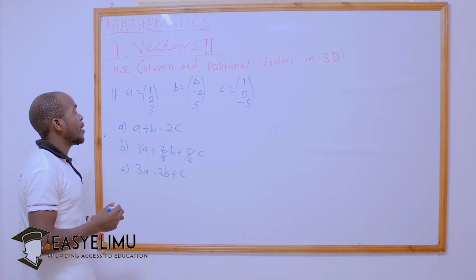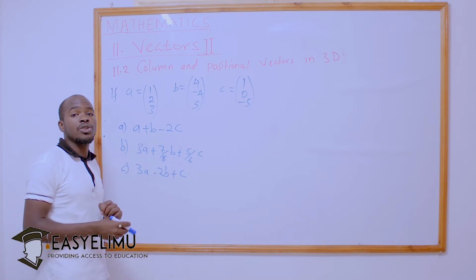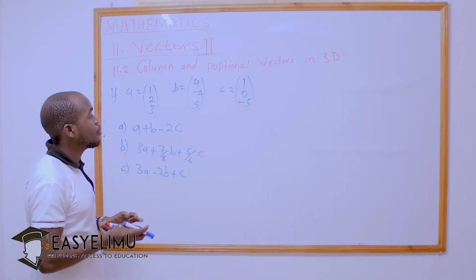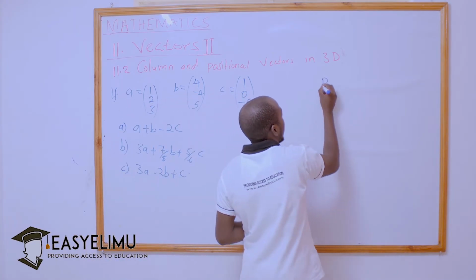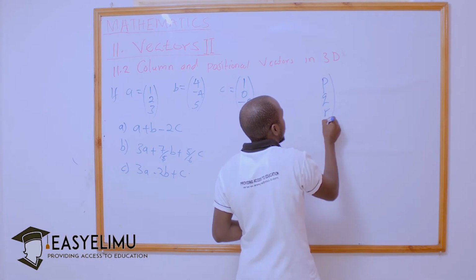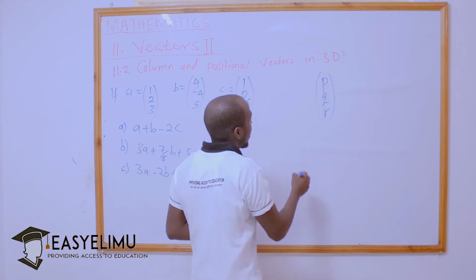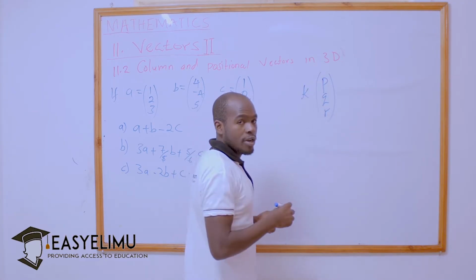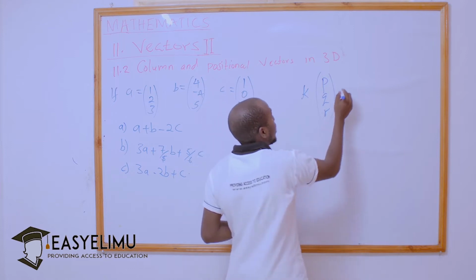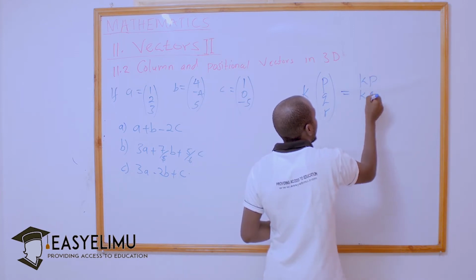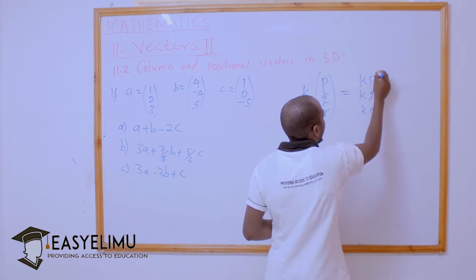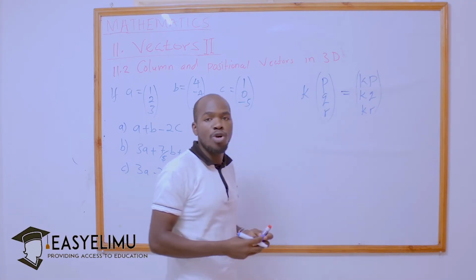And remember, if you have a column vector or a position vector in 3 dimensions and you take a scalar multiple, for example PQR multiplied by a scalar K, then you get KP, KQ, KR. That is what you will obtain.